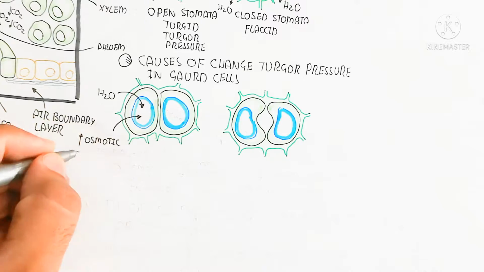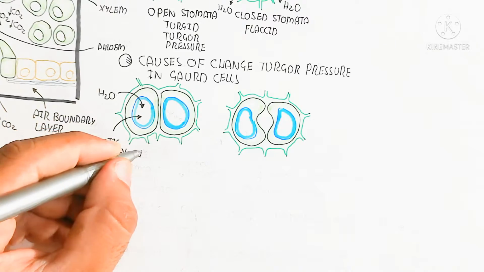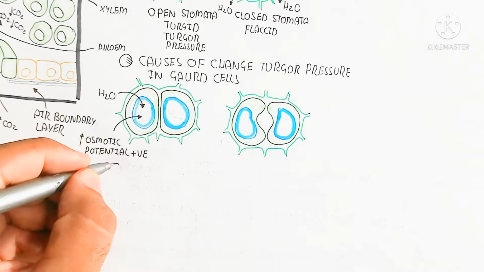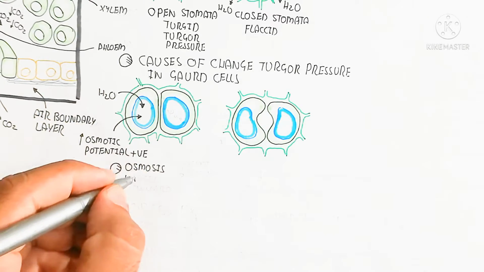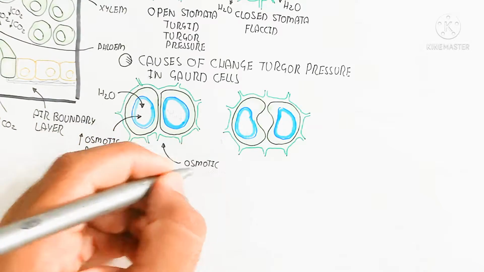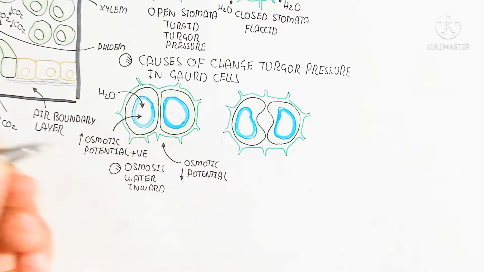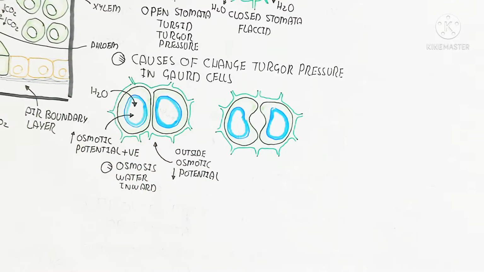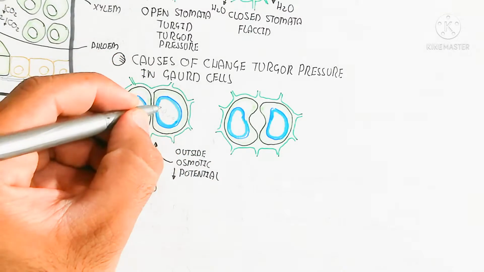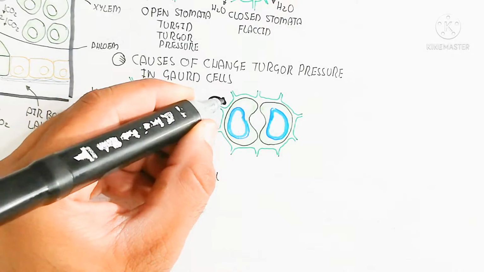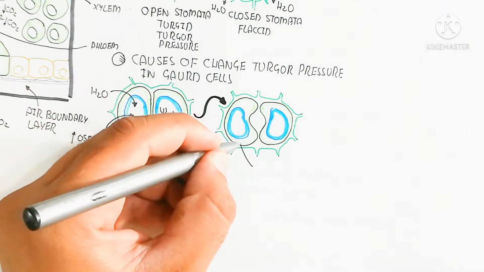For example, when water moves inside, the osmotic potential inside is more negative while outside it is higher, so the water potential is higher outside and lower inside, and water moves inward by osmosis.